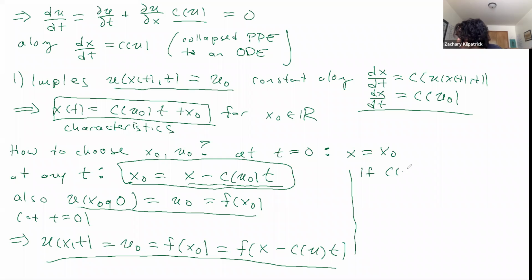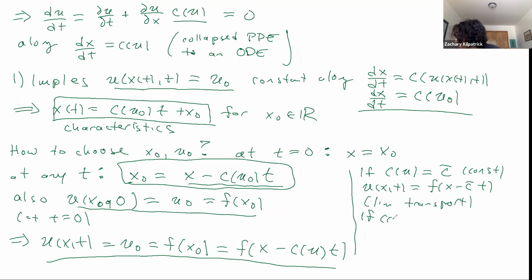So in general, I'll just write this over here. If c of u is just equal to c bar, some constant, okay, then u of x, t is equal to f of x minus c bar t, and this is just linear transport, okay? And if c of u equals u, this is just inviscid Burgers, okay?